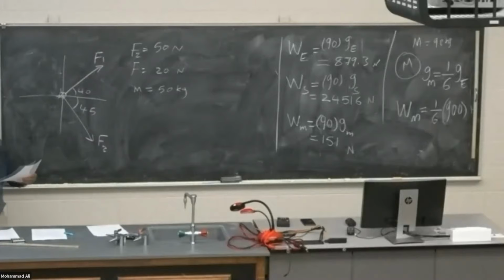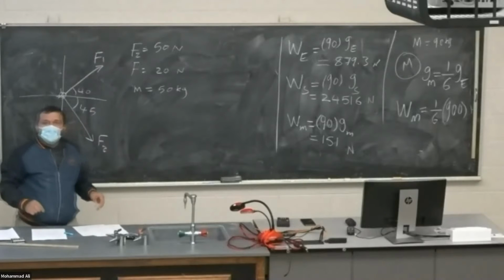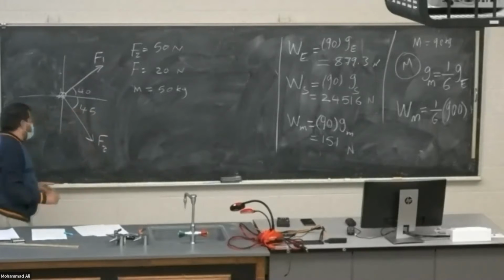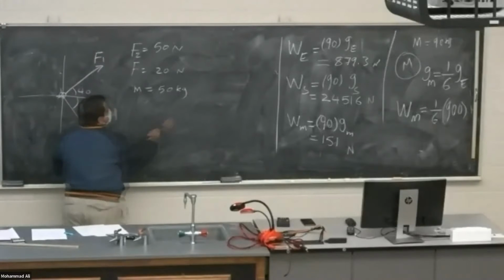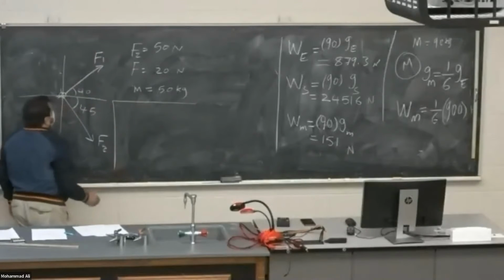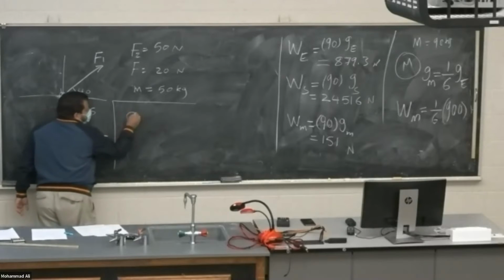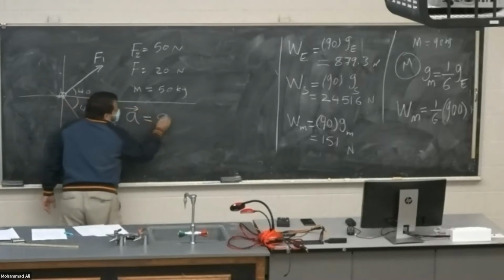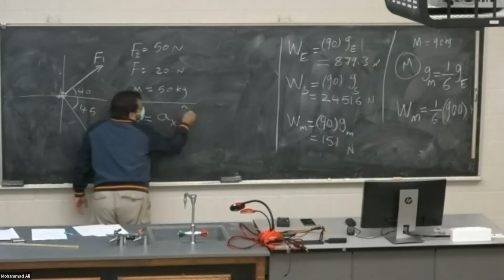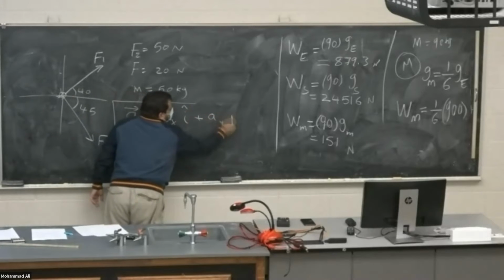I need to find the acceleration. I have two-dimensional motion now. What I need to do, I need to find A as a vector, which is Ax i hat plus Ay j hat.